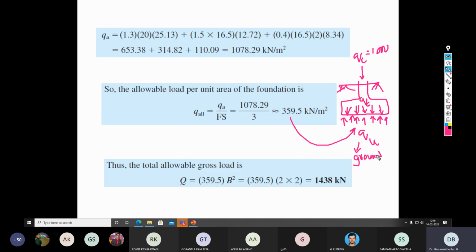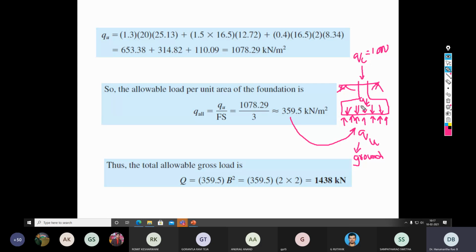But we cannot directly go for ground improvement. Your thought process should go like this. First, your column stress is 1000 kilopascals and the bearing capacity of the soil is 359 kilopascals. So try to play with the geometry of the footing itself. If I increase the size of the footing, can I get a higher factor of safety or higher bearing capacity?